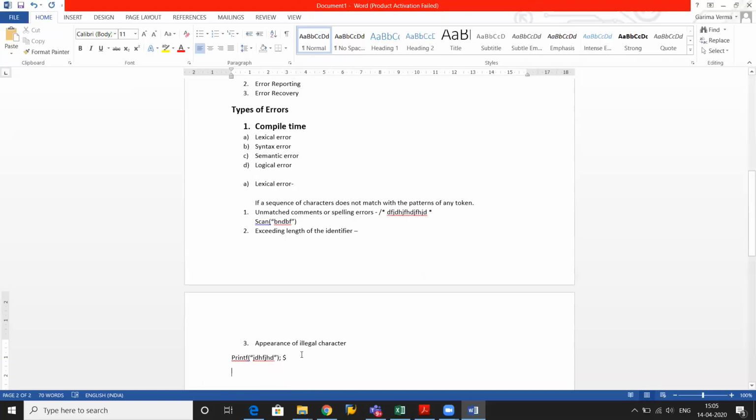So this error is basically an illegal character. Your compiler will give an illegal character error because your line should end with the semicolon, but after the semicolon you have written a dollar, which is not identified by the compiler. So that is why this line will give you the error illegal character.